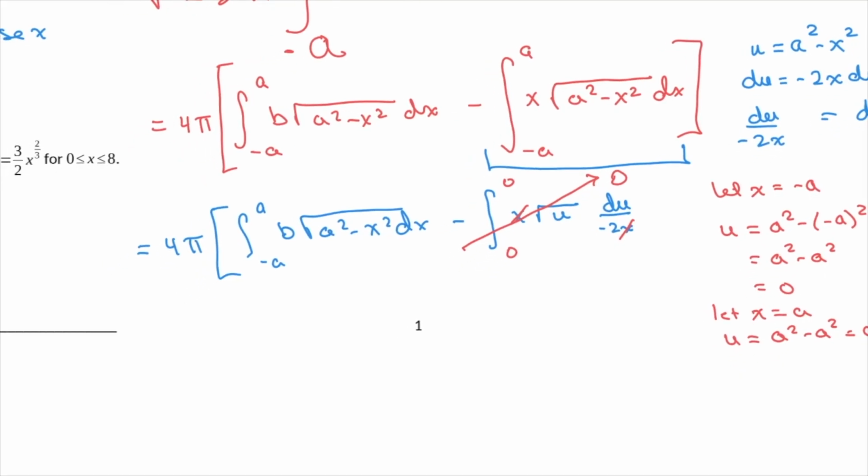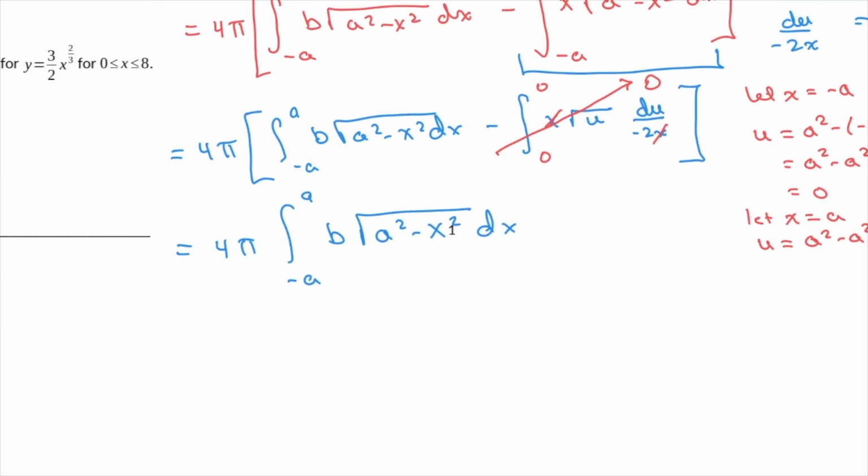Now we get to deal with the left-hand side of our expression. As you look at this, we simplify a little bit. We have 4 pi integral from negative a to a, b square root of a squared minus x squared dx. What I'd like you to see is that this is a geometric integration from your AB course.